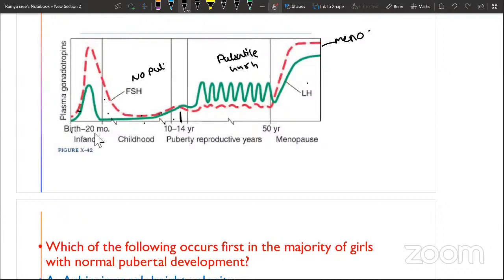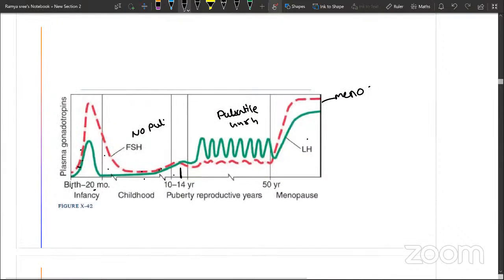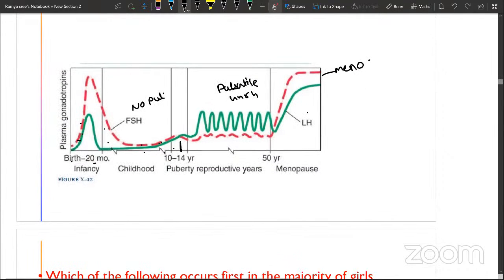So from birth to 20 months, you have the sharp rise of FSH and LH due to withdrawal of endogenous estrogen and progesterone, which were there in the pregnancy. So this is a beautiful image showing you the LH and FSH levels throughout.